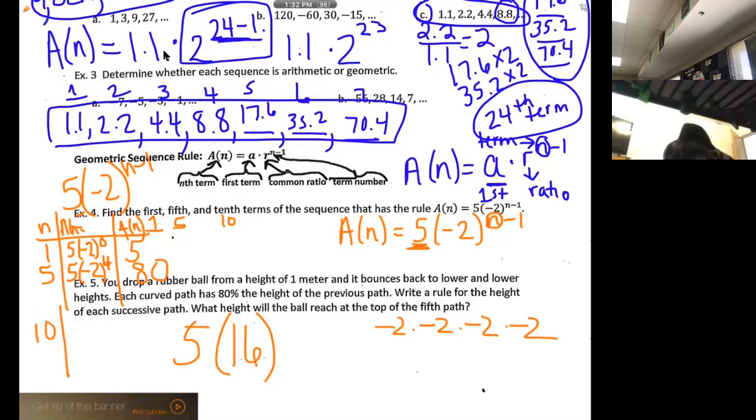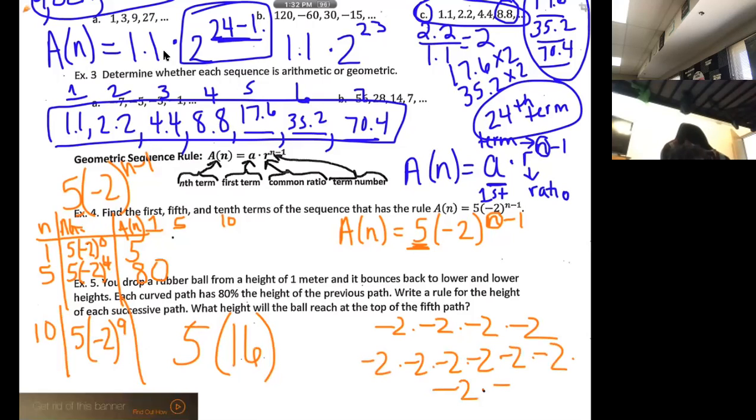Now we're going to plug in 10. So we put 10 there. 5 times -2 to the 10 minus 1. So we're going to take -2 nine times.